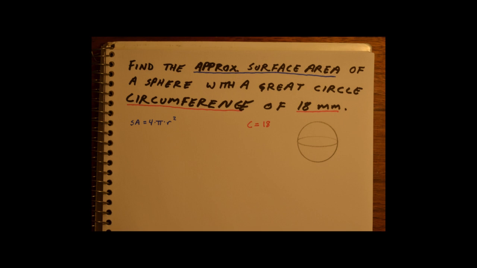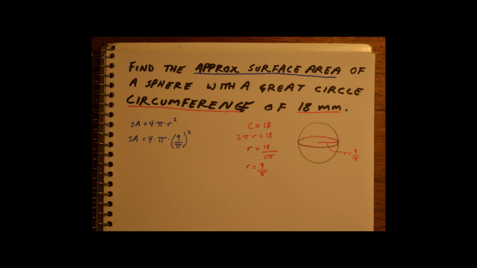And so we can extract the radius from the fact that the circumference is 2 pi r. So 18 divided by 2 pi will get us our radius. So that radius simplifies here to 9 over pi. And now we can use that information in our surface area calculation.